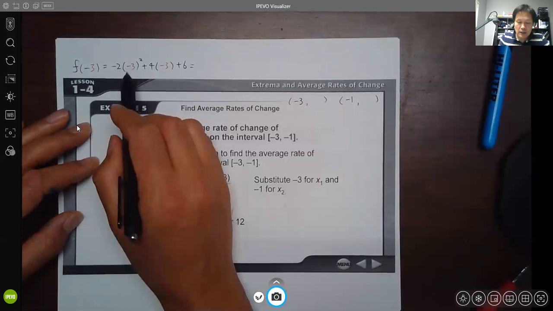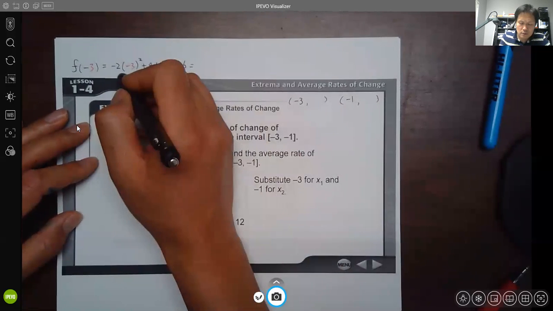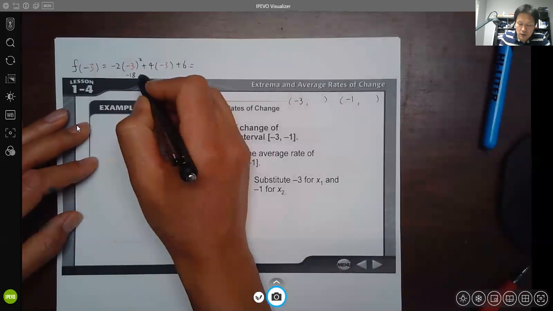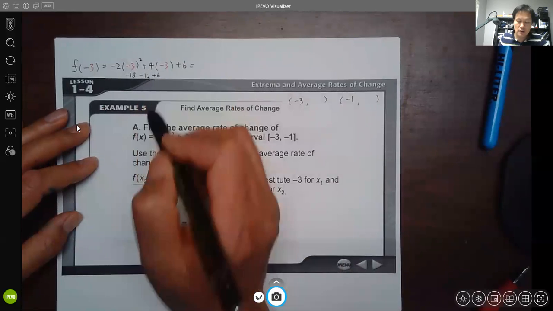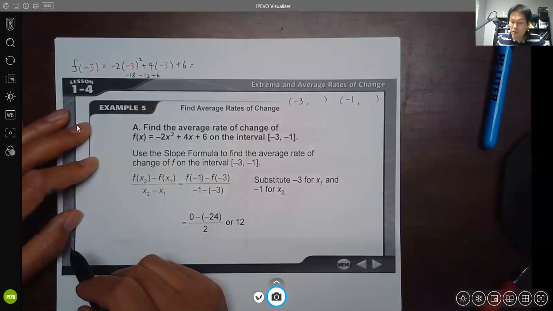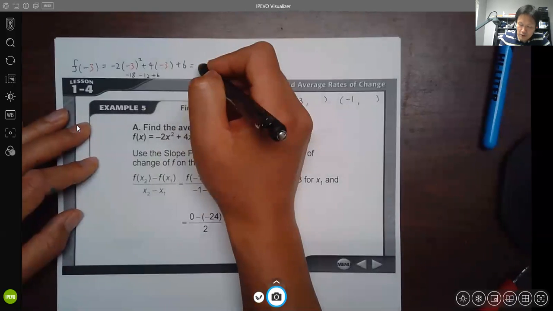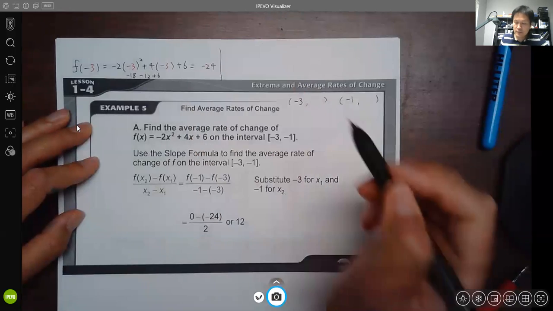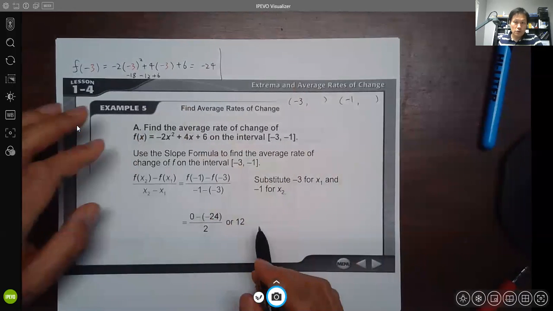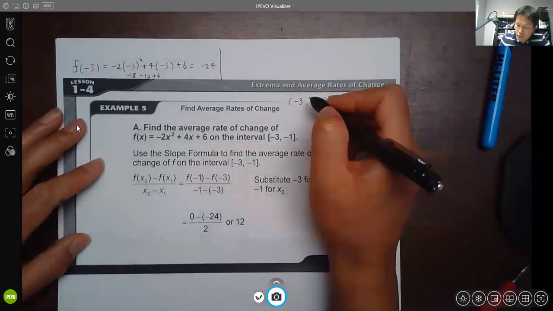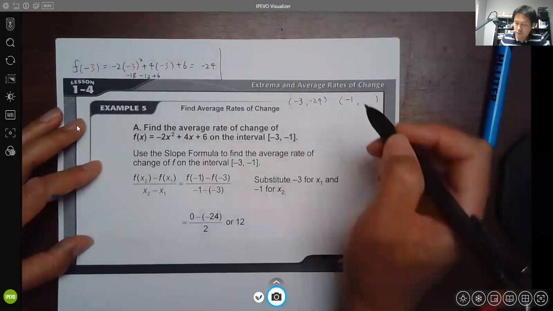So that's what, 9 minus 18 minus 12 plus 6. That's what, minus 30? It's minus 24. Okay, that is becoming minus 24. So once you plug it in, you can use your calculator if you have one available. So you got the y value as minus 24.